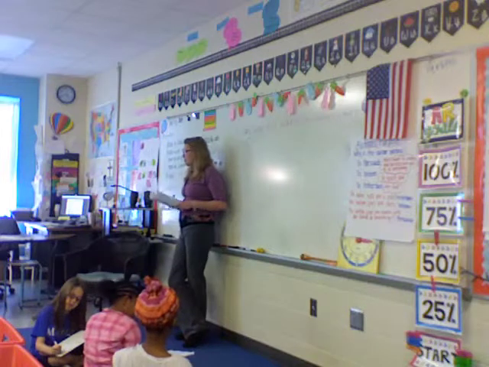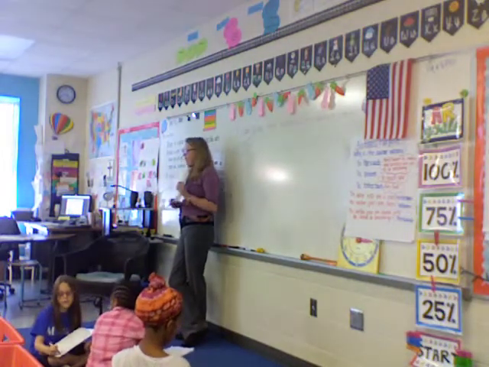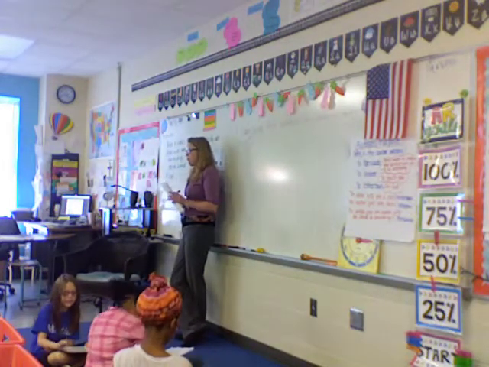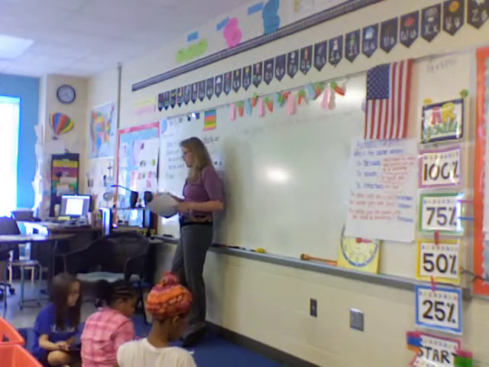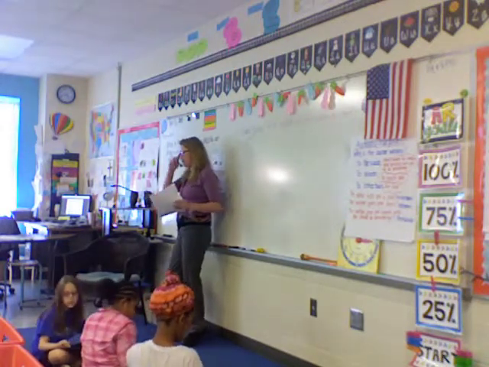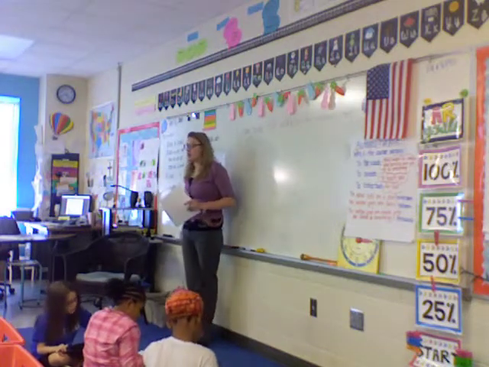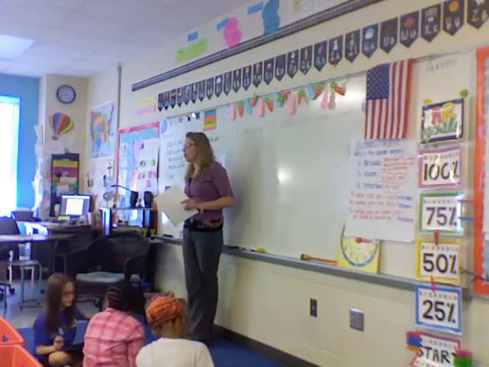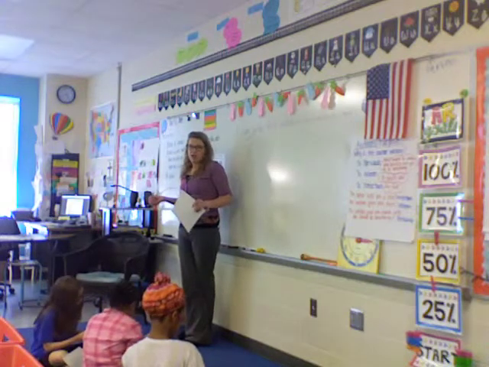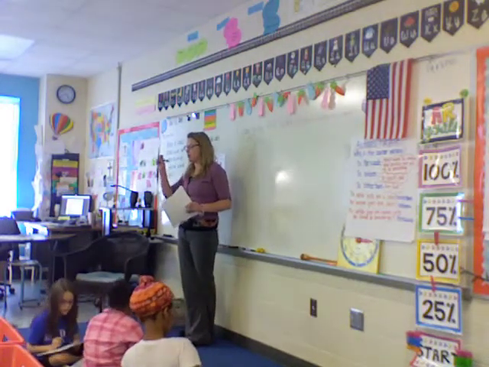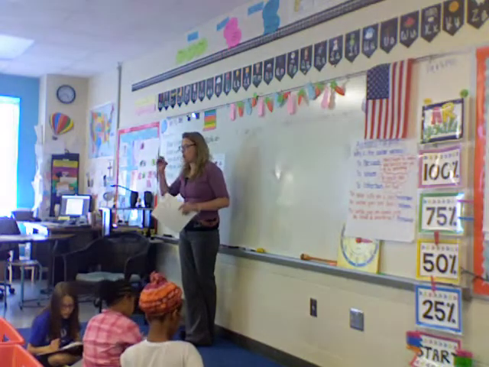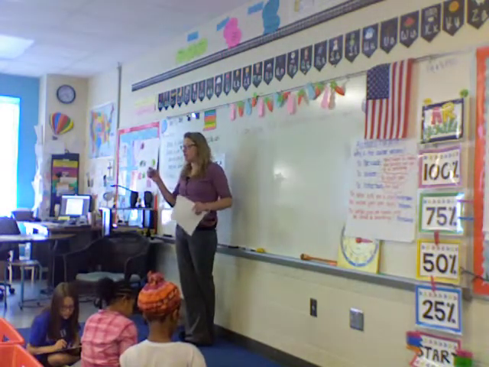So, on your whiteboard at this point, I want you to write an equation of how you think you could solve this. That's fine if you've already done it, but go ahead and put it on your whiteboard for me too, okay? Remember, when you write your equation, for instance, if it was 2 plus 2, you would write 2 plus 2 equals X, or P. And then you would solve for that letter.